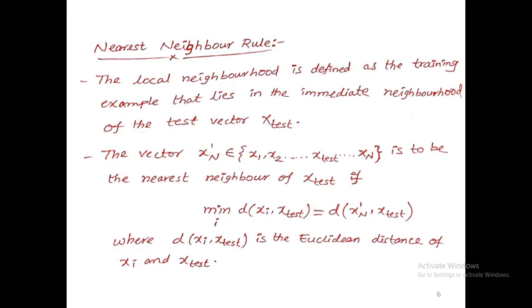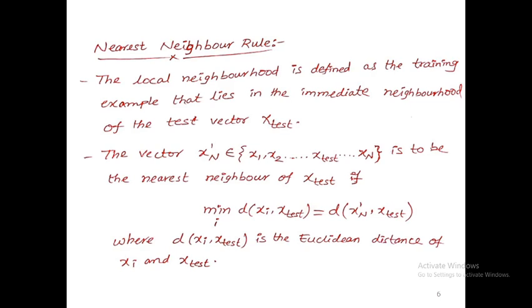So let us take this as an example: xn dash belongs to x1 to xn. Among them, x test is also one of the values. Then that is the nearest neighbor of the x test. That x test is what we are trying to get.